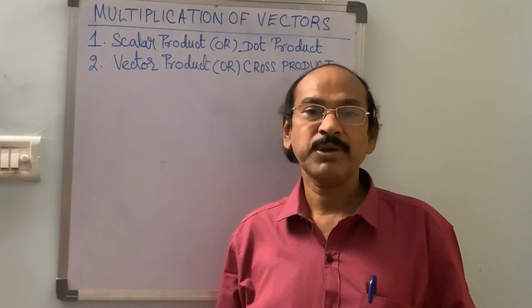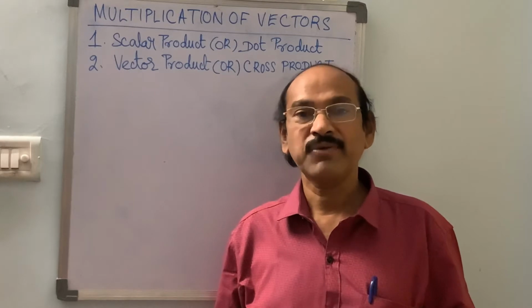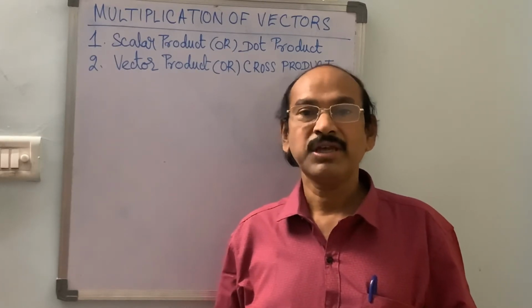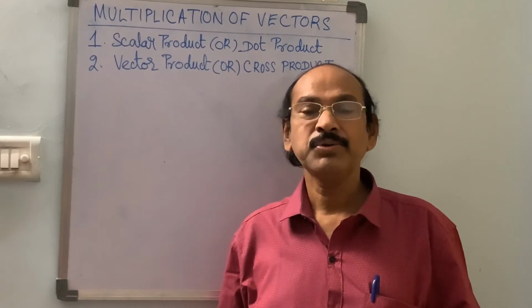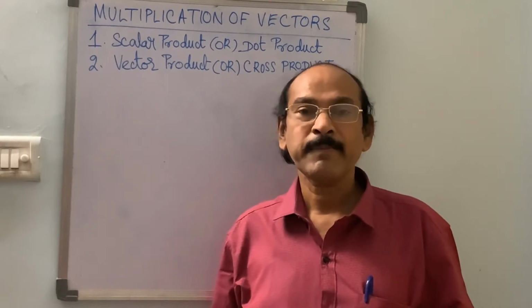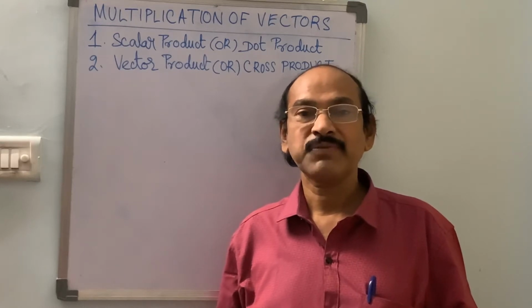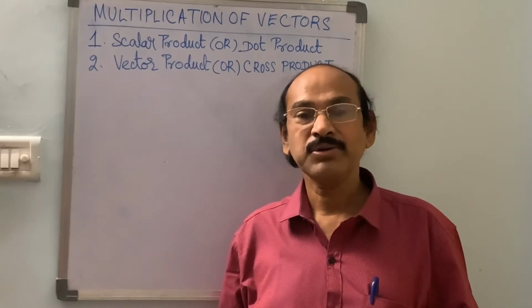Therefore, A bar dot B bar is equal to magnitude of A bar into the magnitude of B bar in the direction of A bar, that is A bar into B bar cos theta. Therefore, A bar dot B bar equals modulus of A bar into modulus of B bar into cos theta.